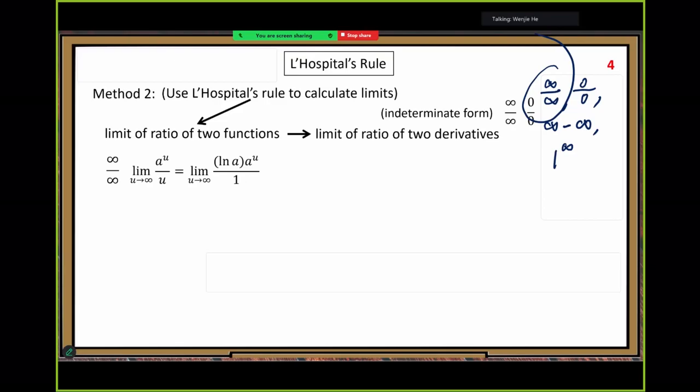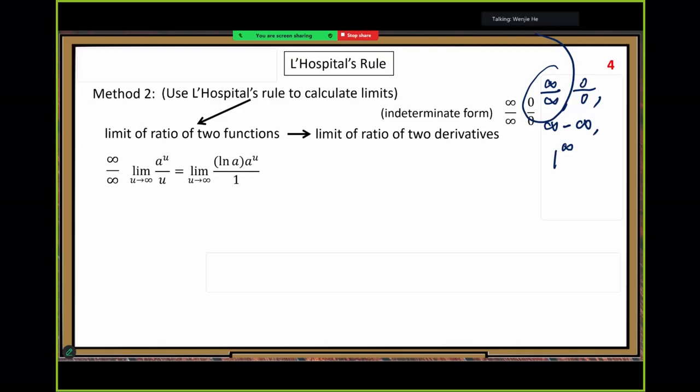The numerator derivative is natural log of a, a constant, times the original exponential function, a to the u.